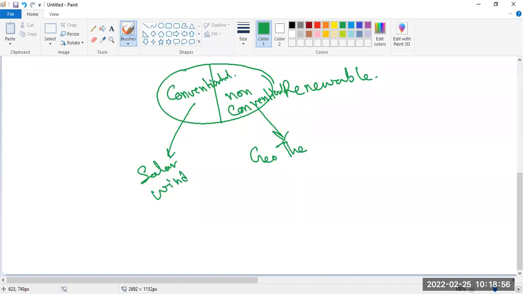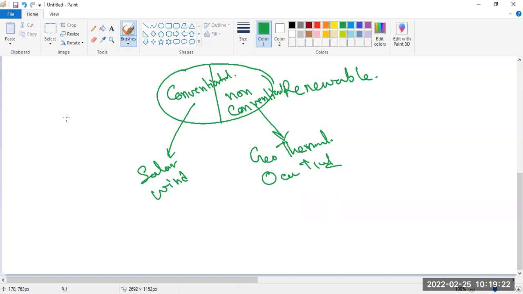It is used several times or very few times, not for regular purpose. Geothermal, ocean tide, etc. And coal, fuel, fossil fuels, and others, and hydroelectric, that is also conventional.